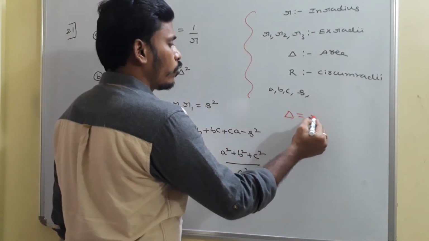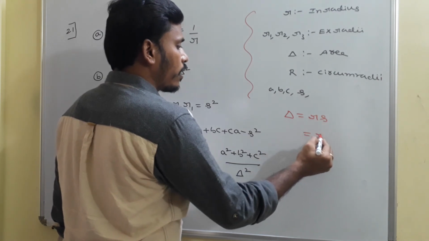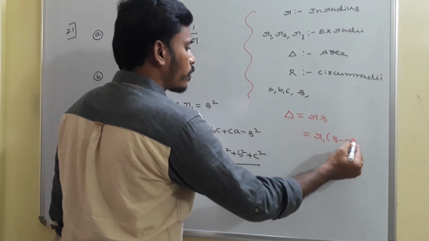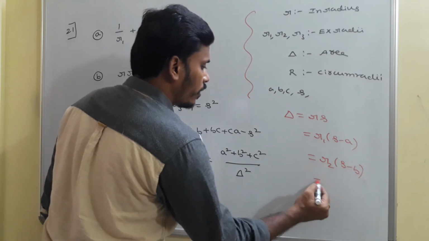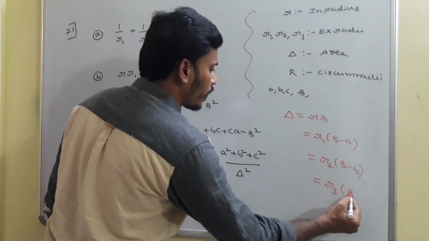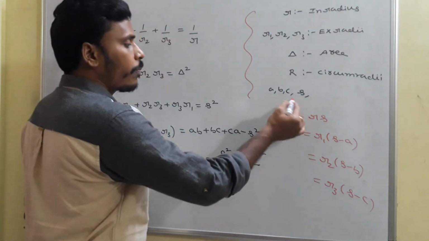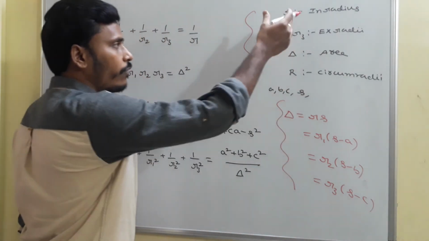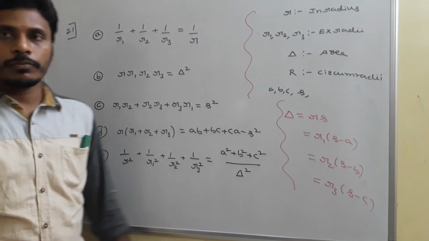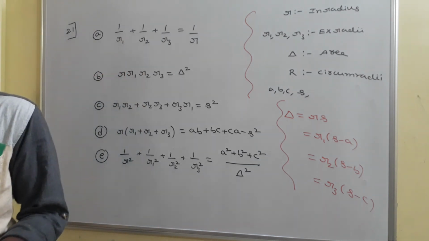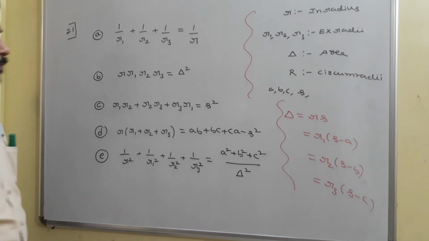Delta is equal to R into S, delta is equal to R1 into S minus A, delta is equal to R2 into S minus B, delta is equal to R3 into S minus C. Using all these formulas and with these notations, there is a chance to prove all these problems. I will discuss one by one.